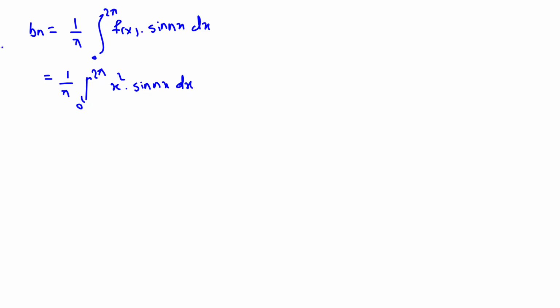Okay, so now what I am doing, 1 upon pi, you have to use u into v formula here. So the formula is first term as it is, that is x square as it is, into integration of sine, minus cos.